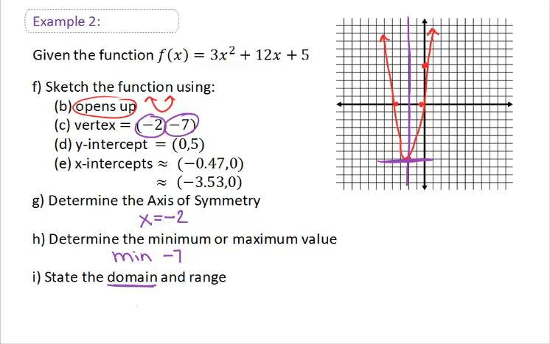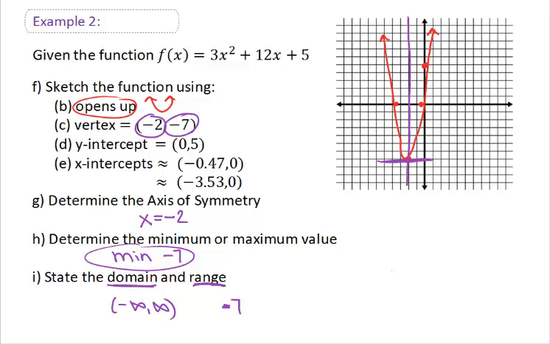Your domain is all of your possible x values. Well, this graph will go forever to the left and forever to the right. So your domain is negative infinity to positive infinity. Your range is all of your possible y values. The lowest y value on this graph we found in part H, which was negative 7.